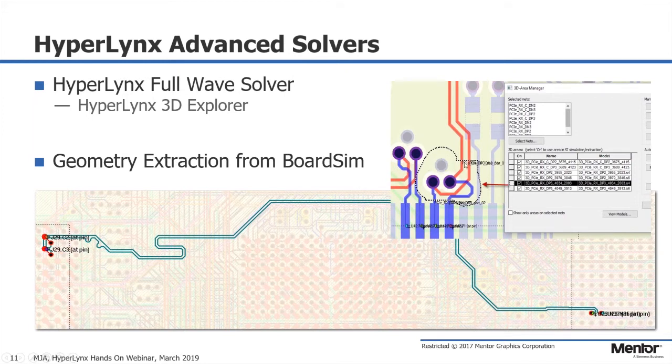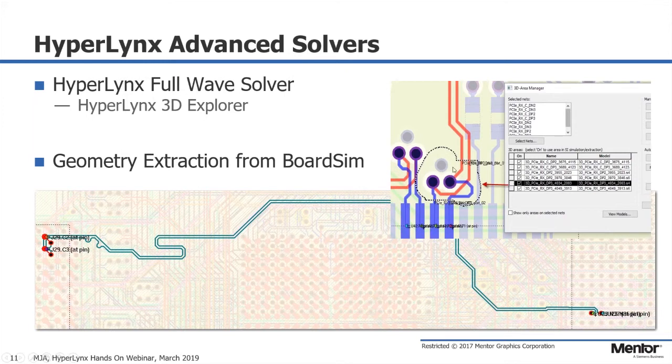At 10 gigahertz, 20 gigahertz, these things become an issue. At lower frequencies, I could ignore this structure, but at those higher frequencies, I really need to get a good model of that.